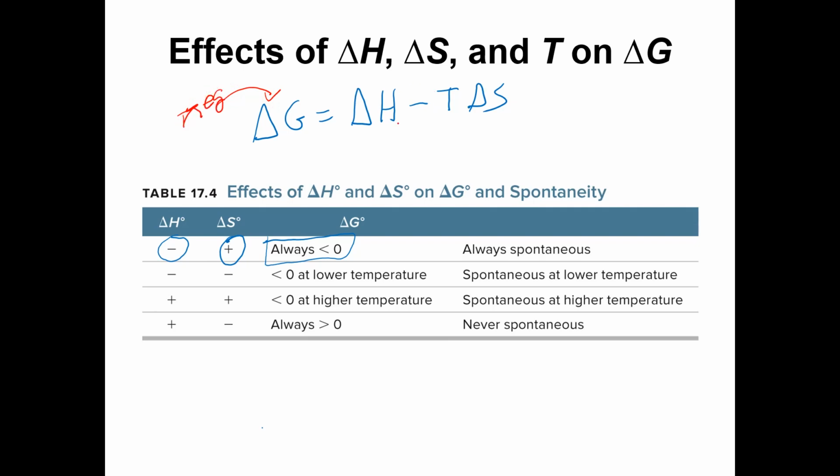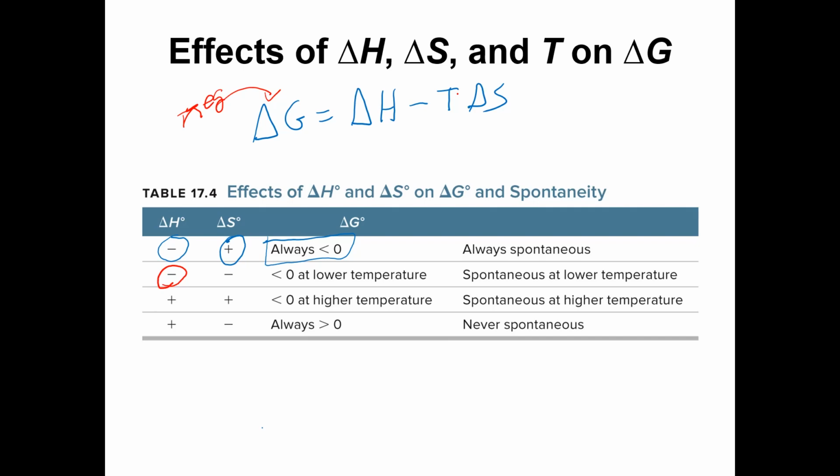So we're subtracting T delta S from delta H. So if you have a situation where delta H is negative, so a negative delta H would be spontaneous, but if that exothermic reaction actually becomes more ordered, then delta S would be negative. So delta S being negative, you would think that that's not spontaneous.